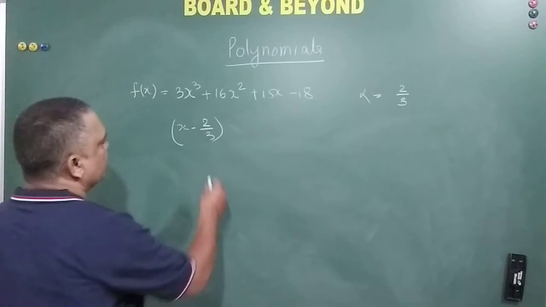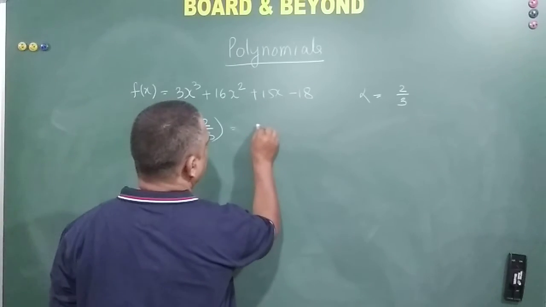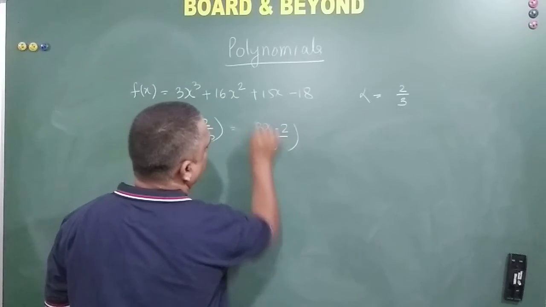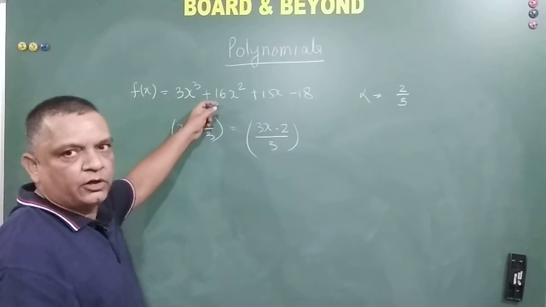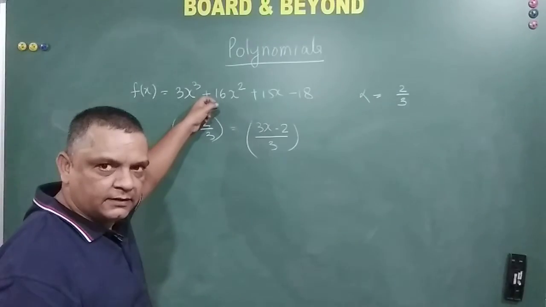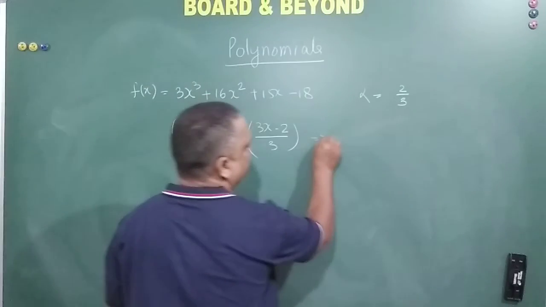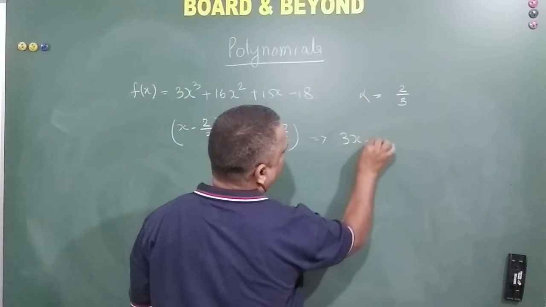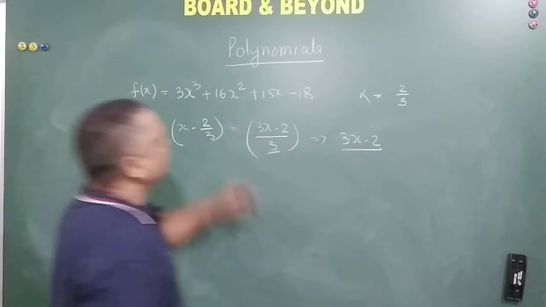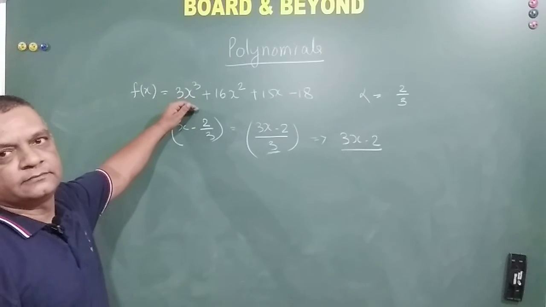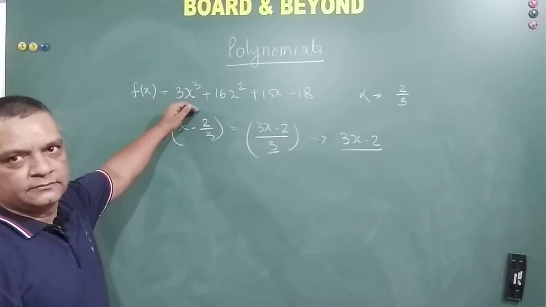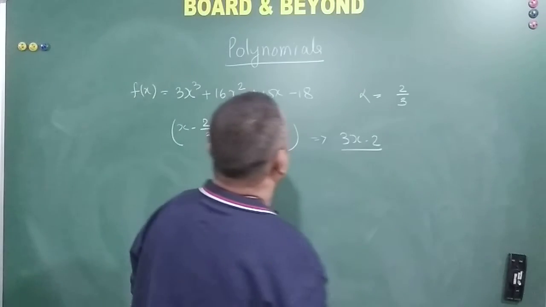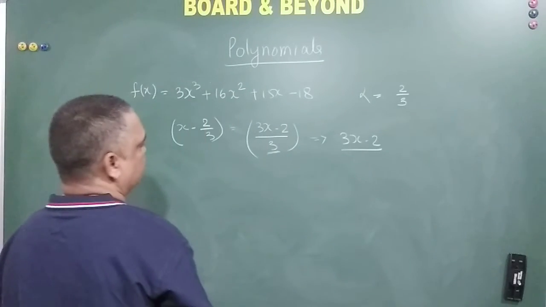So if I take LCM, 3x minus 2 by 3 is also a factor of this polynomial, and since this is only a constant, 3x minus 2 will also be a factor of this polynomial. Okay, you are getting my point? So now we need to find out the other root.